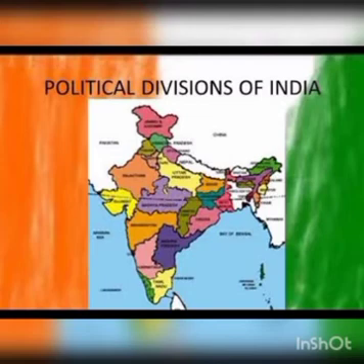What's the capital of this Union Territory? That is Silvassa. Silvassa is the capital. Like Daman and Diu, this was also an old Portuguese colony.